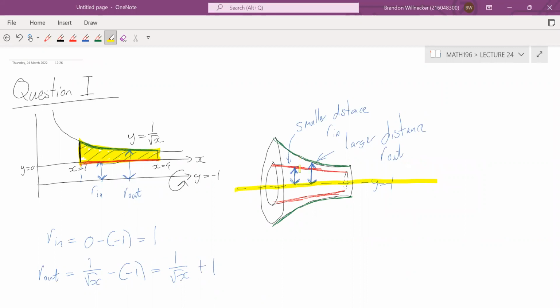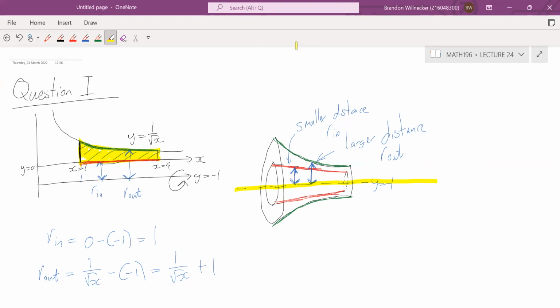If we move outwards, we are first going to hit the red line. So the distance from the axis to the red line is the inner radius. If we go out even further, we're going to hit the green line. So the distance from the axis to the green line is going to be the outer radius.